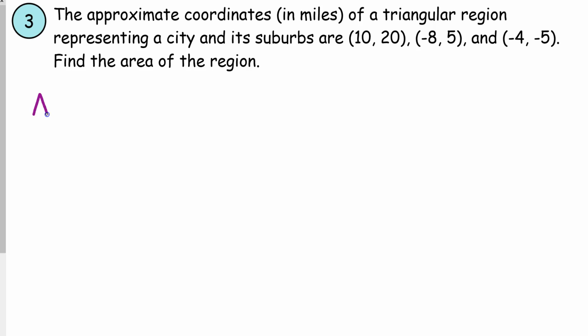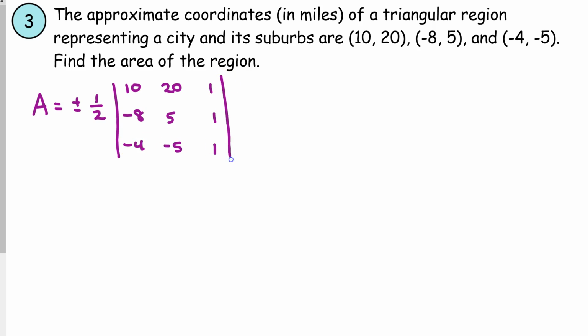We have the area is equal to plus or minus, we'll figure out at the end which one it is, 1/2 times the determinant of the matrix with elements 10, 20, and 1, -8, 5, and 1, -4, -5, and 1. Okay, I'm going to show you doing this by hand, and then I'm also going to show you with a calculator. So let's rewrite that first column and that second column.